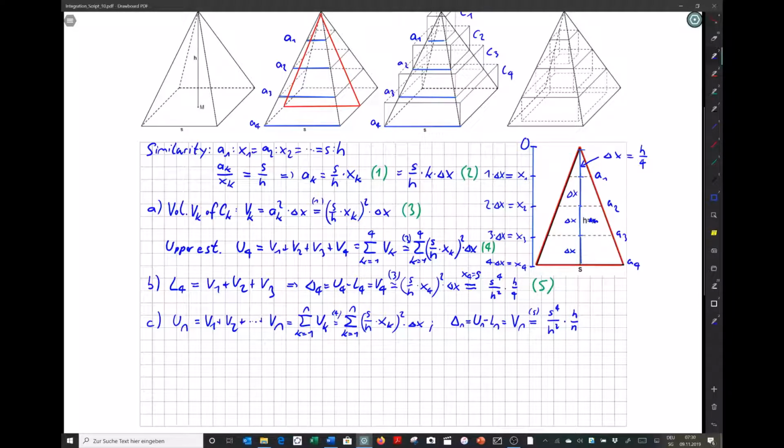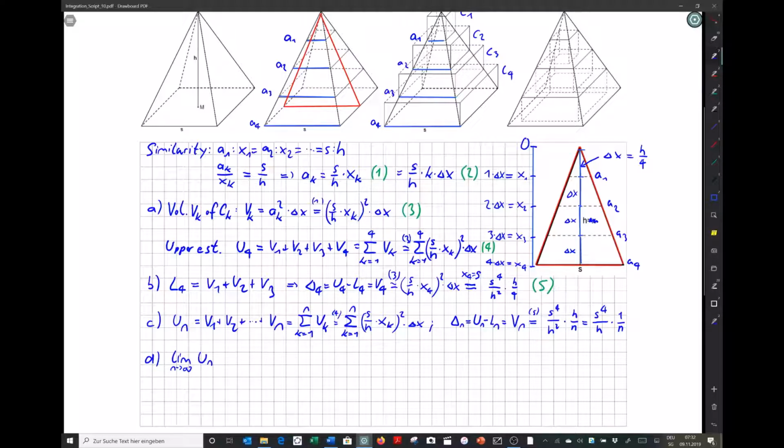The latter is the case because H divided by 4 or H divided by n just represents the height of the cuboid, while the base face of the cuboid is always the base face of the pyramid, so that's why it doesn't change that part. And here now let's simplify it, so we get S to the power of 4 divided by H times 1 divided by n.